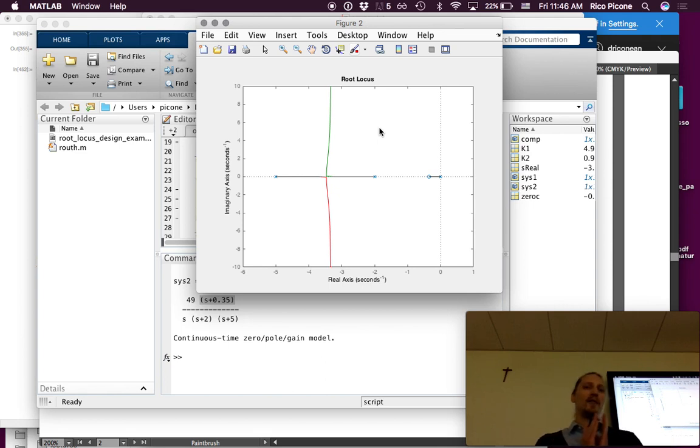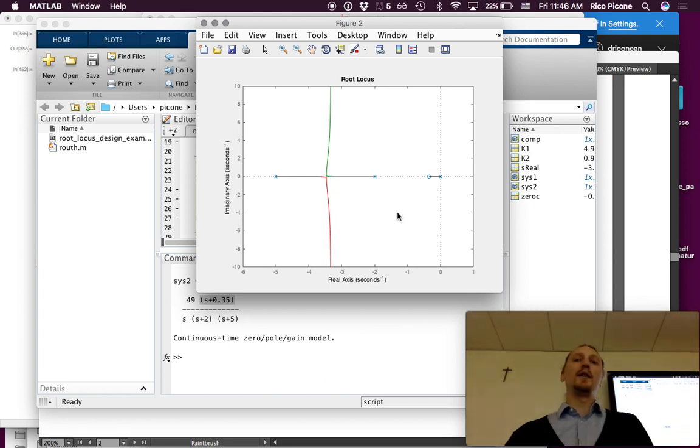If we got the 0 closer to the pole, that wouldn't happen. So it's not going to affect our percent overshoot because we can still intersect the root locus with a ray starting at the origin going outwards, percent overshoot.